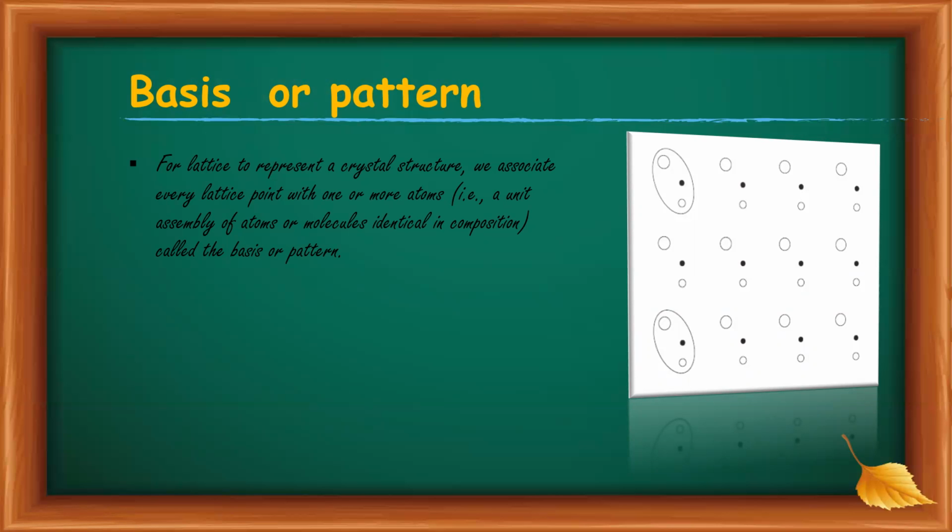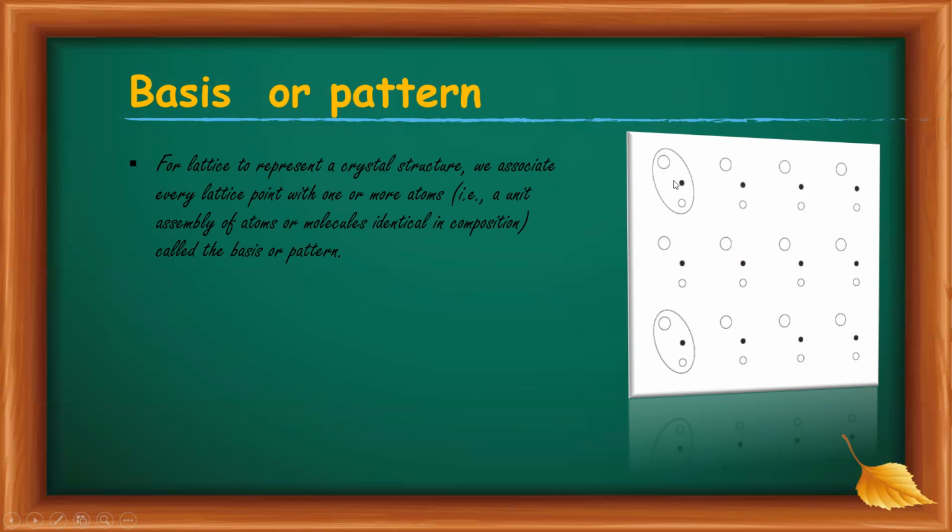Just consider the figure. In the figure, at every lattice point, there are 3 atoms or molecules. It repeats in both directions.